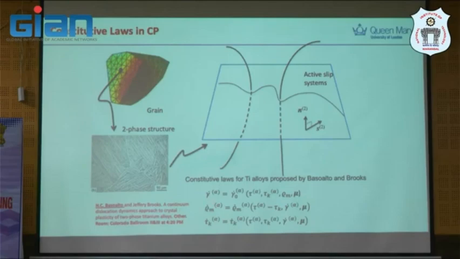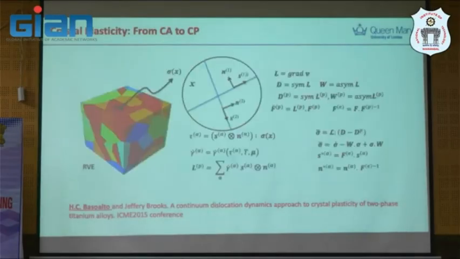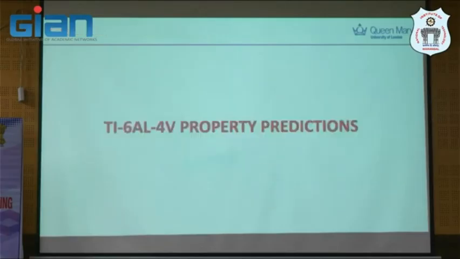So we apply this rule. This is a shear rate, and I think you are very familiar with that. Dislocation density, and then the shear stress. What you see here is a continuum dislocation dynamics framework that we apply in a grain system, in an active slip system, using these terms.